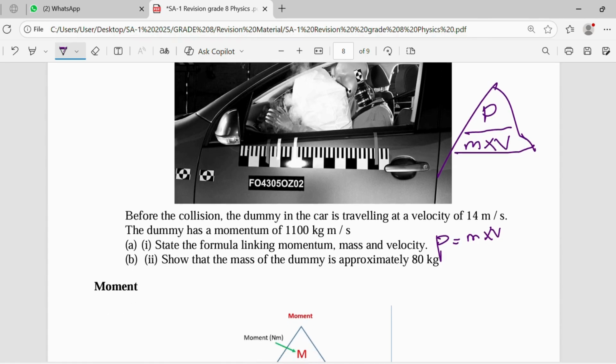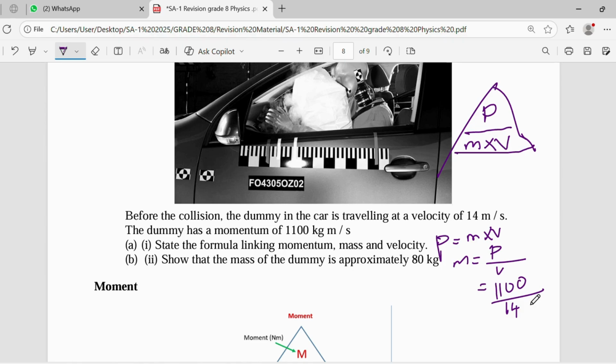Now we need to find out the mass. So mass is equal to momentum over velocity. So we can write here mass is equal to momentum, that means P over velocity. So momentum is given as 1100 divided by the velocity given as 14.